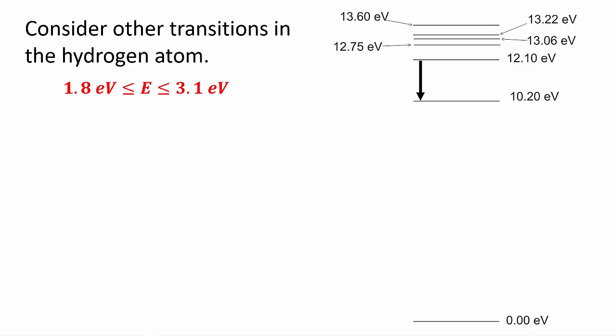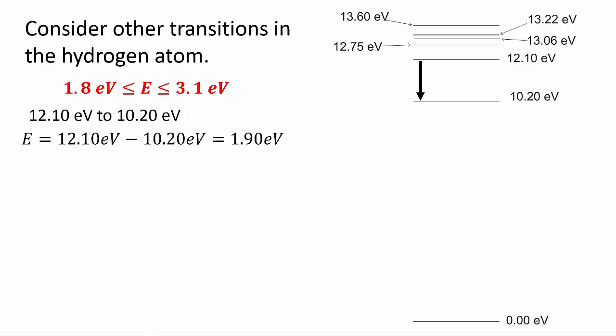Now, let's consider that transition, 12.10 down to 10.2. The energy of the photon that would be given off is the difference between those two. It's 1.9 electron volts, and that is between 1.8 and 3.1, so that will be visible. It's a very pretty deep red color.